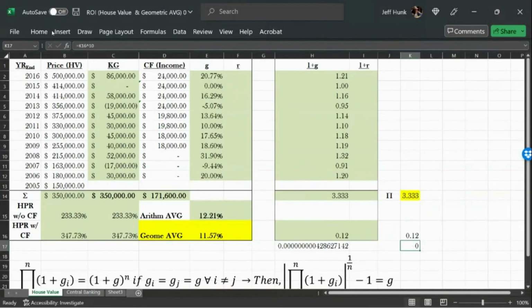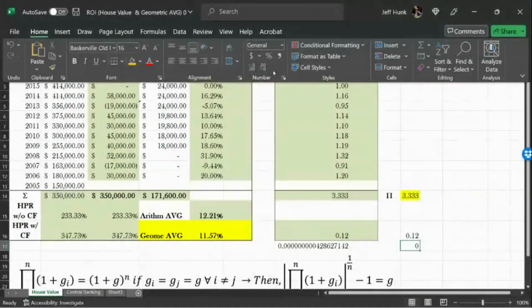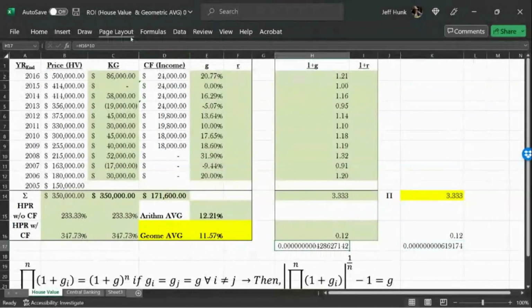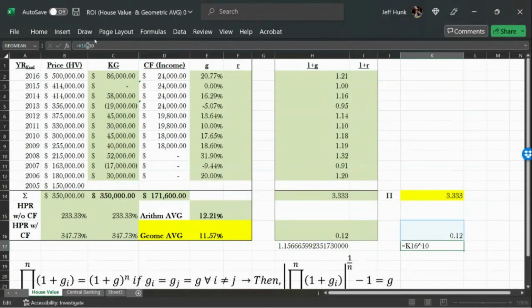Or suppose you multiply it by 10 and multiply this by 10, there's a huge difference, right?